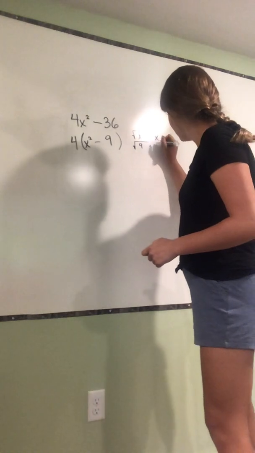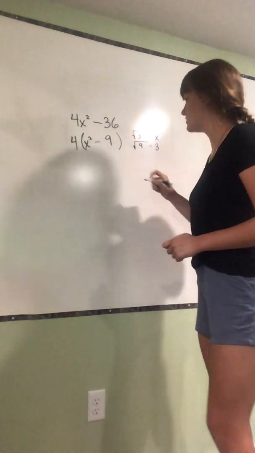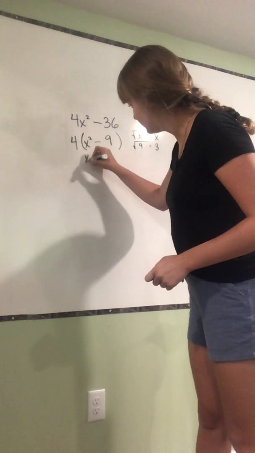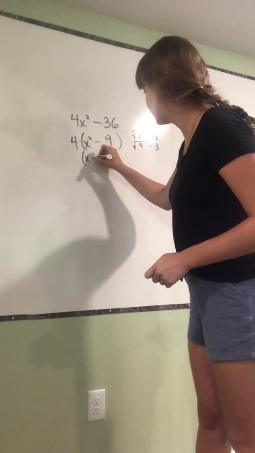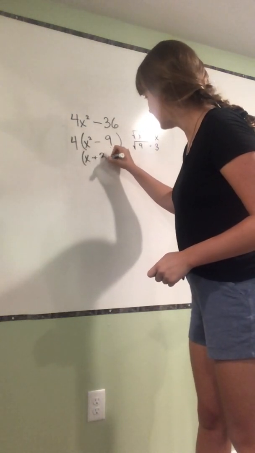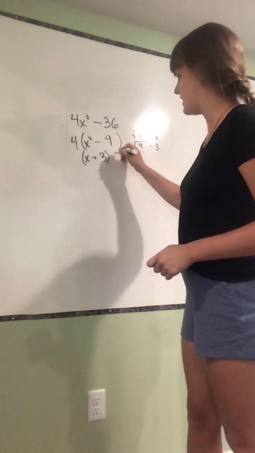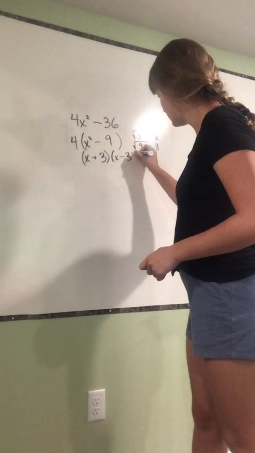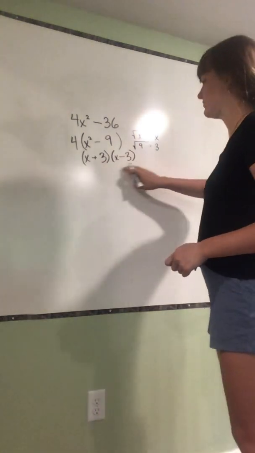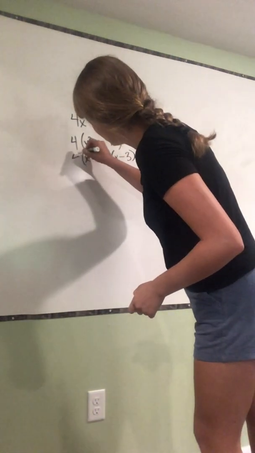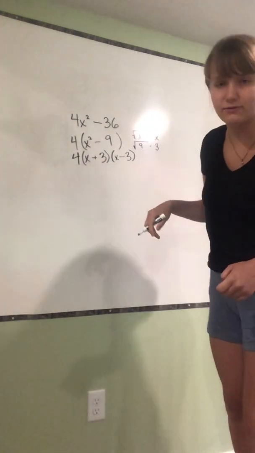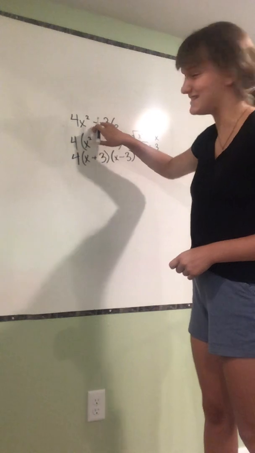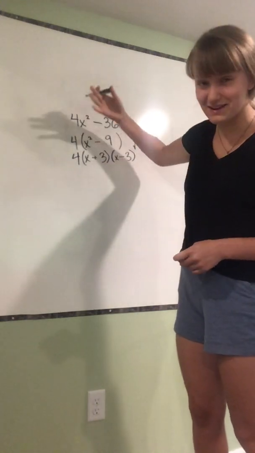Square root of 9 is 3. So factoring it will be x plus 3, and then remember this is negative, so we need to put a negative 1 to make it equal. That is the factor, and don't forget, I almost forgot to add the 4. Extremely important, because otherwise it won't get back to this. We're factoring, so we have to get it back to the beginning.